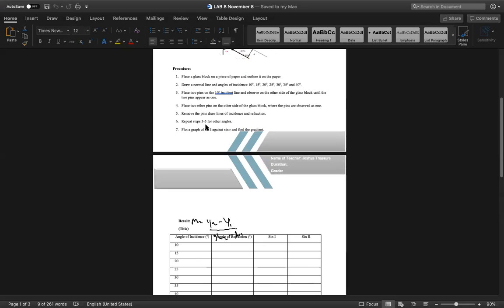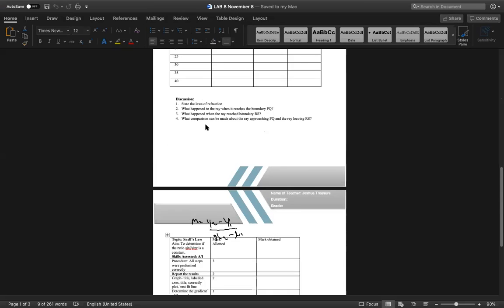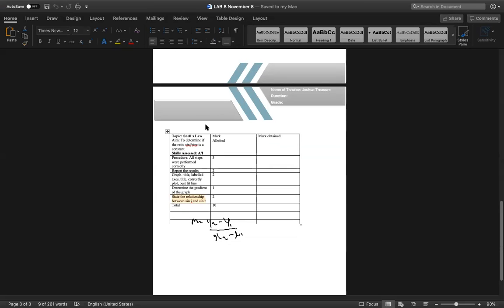And of course, have your limitation, source of error, and conclusions ready. Report the results. This would go to your table. Your graph, the gradient of the graph. Of course, you need a graph to get your 3 marks here. And you must state the relationship between sine I and sine R in your discussion and have the other components ready. All right, are we clear on this?